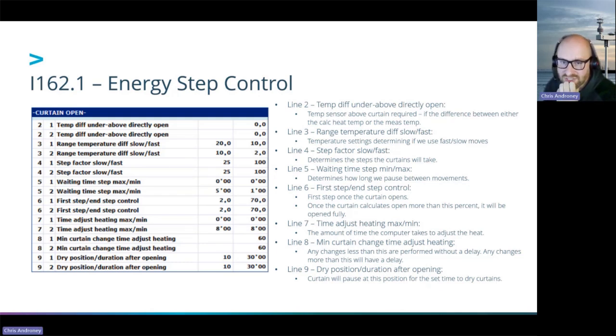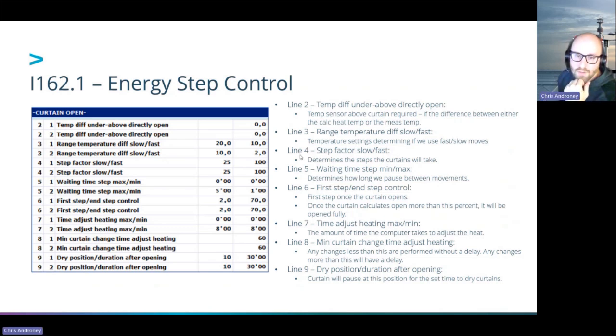If there is a temp sensor above the curtain, if the difference between either the calculated temp or the measured temp is within that range, then the curtain step control program is going to skip completely. Line number 3, range temperature difference, slow or fast. That's going to be your temperature settings determining if we use fast or slow moves.